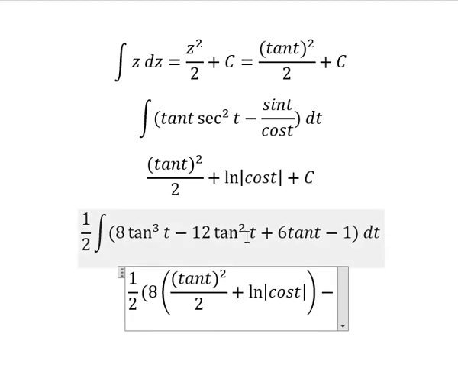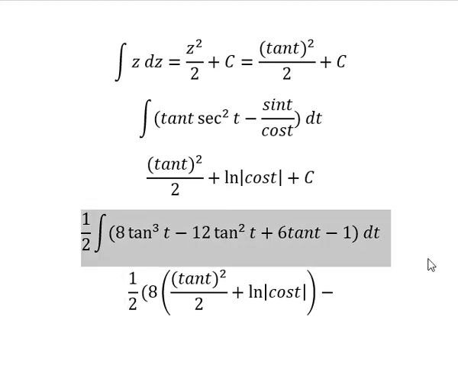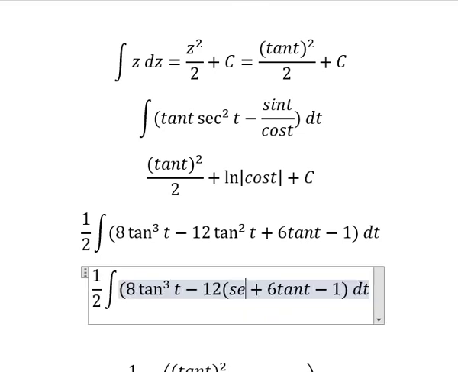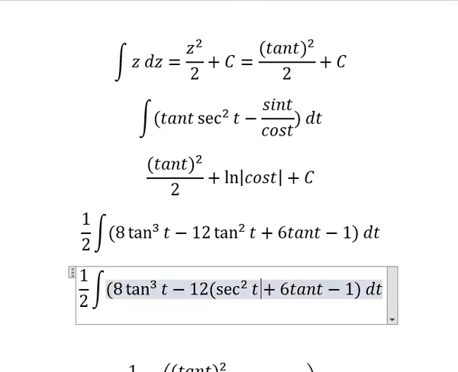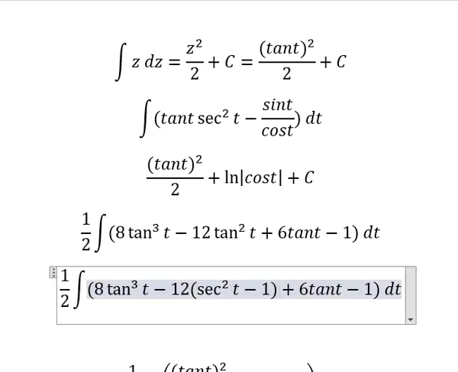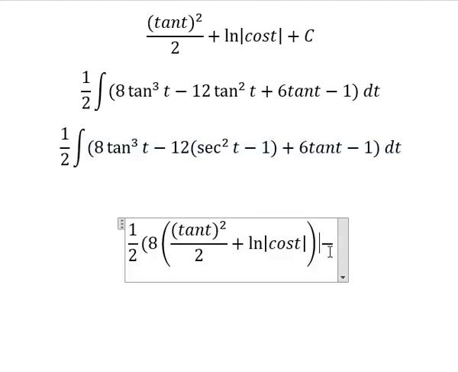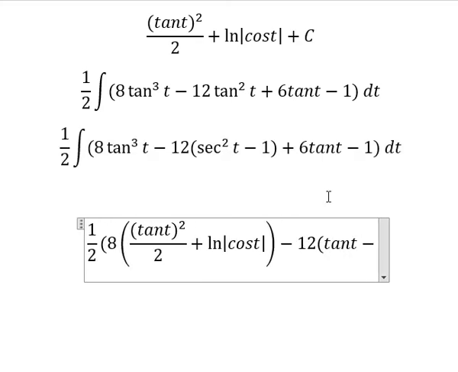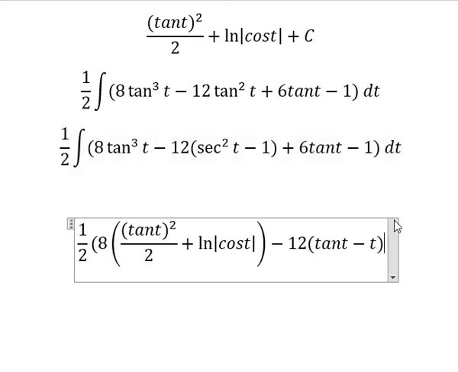We know that tan t squared is secant of t squared minus 1. So we have negative number 12 in here. The integration of secant of t squared, you got tan t. Number 1, you got t.